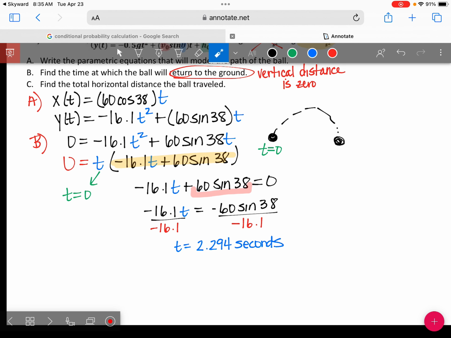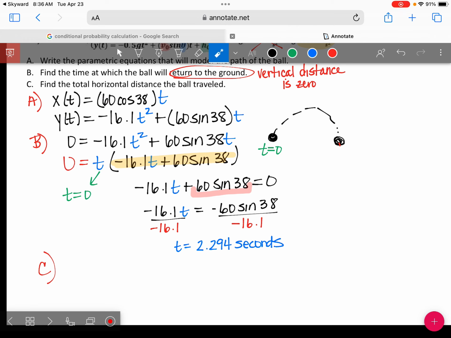All right, last part C. It says find the horizontal distance that the ball traveled. So now that I know how much time it took for the ball to hit the ground, I could actually take this 2.294 and put it in my X parameter, because remember, X is horizontal.